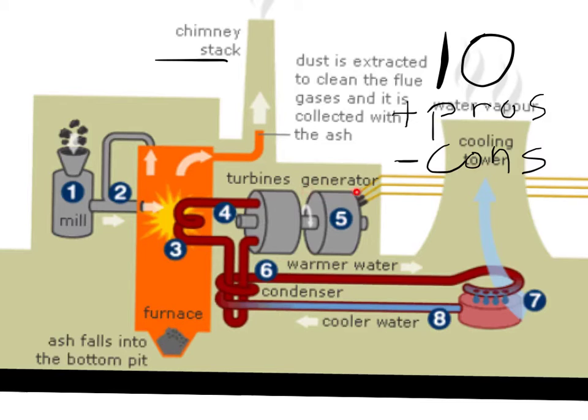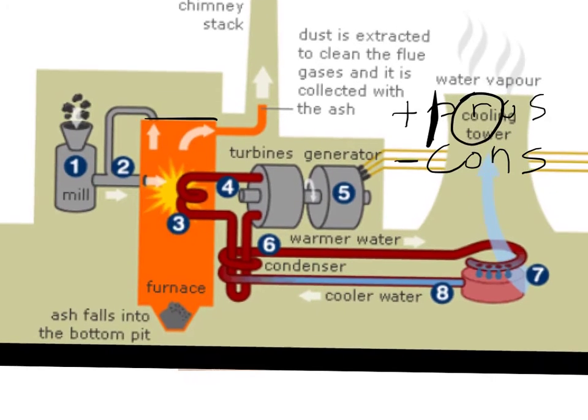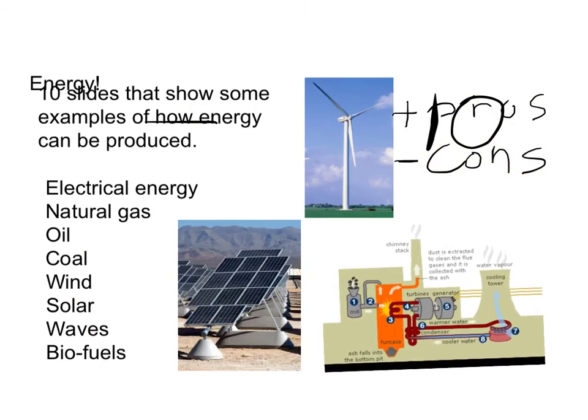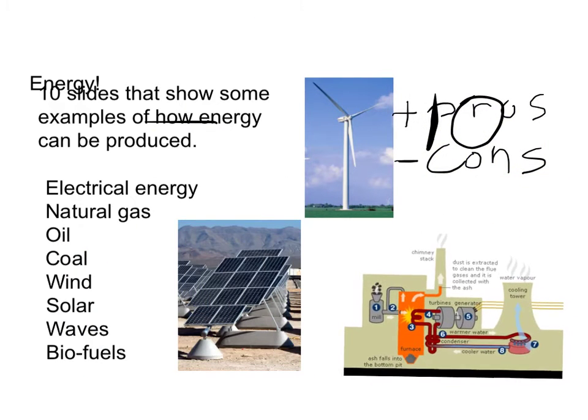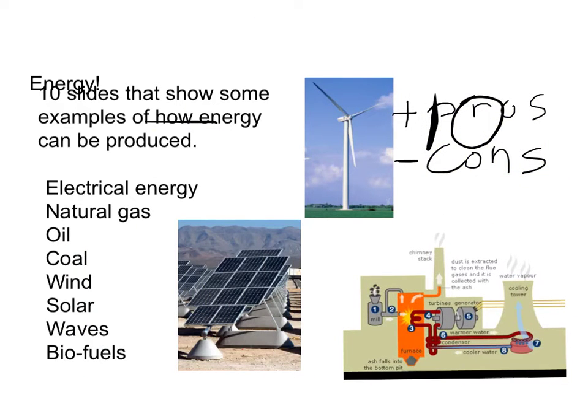What does this generator do? What does the turbine do? And maybe you could even make a drawing of how this thing functions so that we have a better idea of how it works.